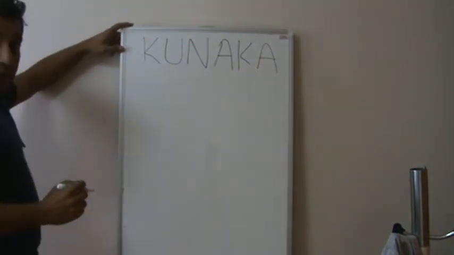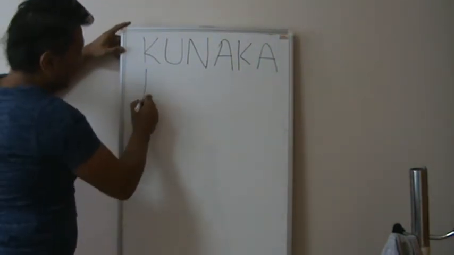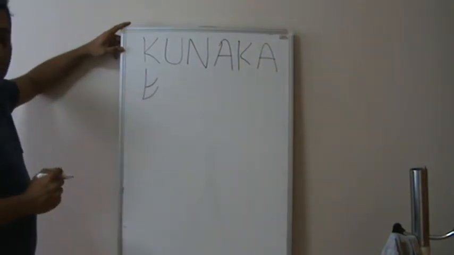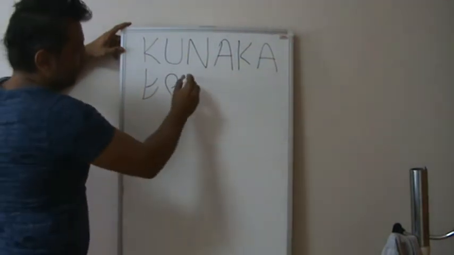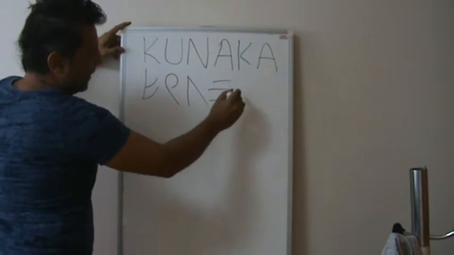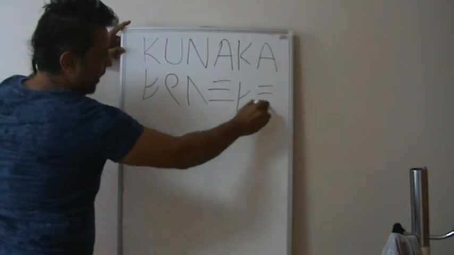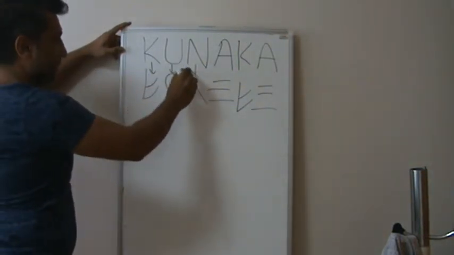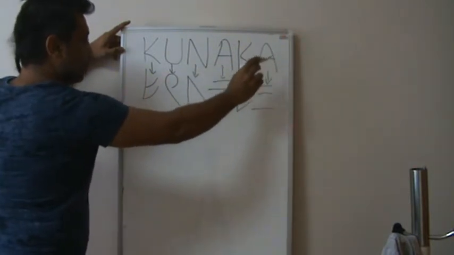Do you remember how we write down the K letter? Like here. Ku, na, ka. Kunaka. You see, the Latin letters correspond to Kun letters.